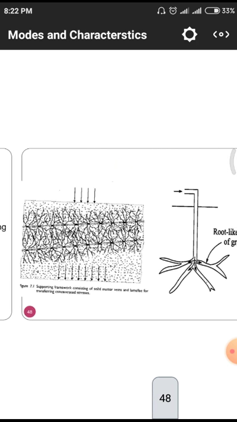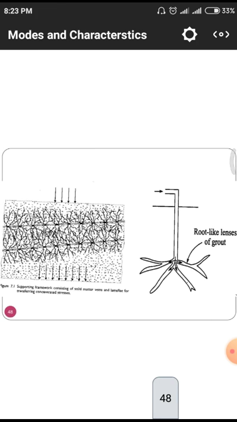Here we observe the total root-like system, how it exists, and how the fractures take place due to the application of loads. So they use a pumping system of resins and chemicals with the help of high pressure pumps, so that it takes place in a short span of time.